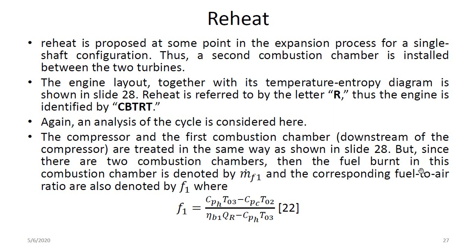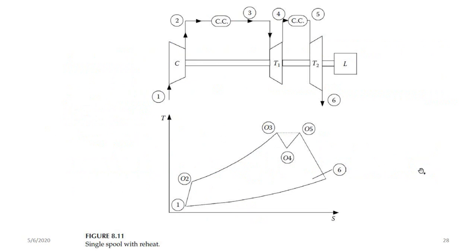Nothing strange, everything is exactly as what we've already learned. And this is a sketch where you have an engine with the main or primary combustion chamber, and the second combustion chamber, or reheat. Okay?